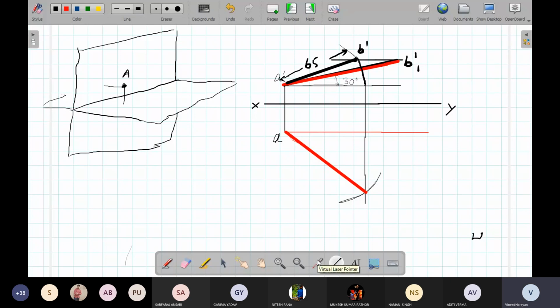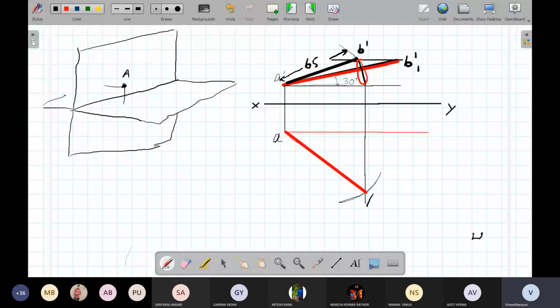So this is my true line. I have done a rotation of this line. This front view line, A dash B dash, I have rotated. That's what is shown here. This is rotation. When it becomes parallel to HP, I have just projected, and this is my true line in top view.